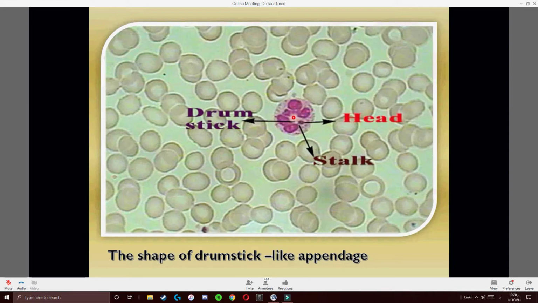The drumstick structure is composed of a head and a stalk that attaches to the nucleus. The nucleus of the neutrophil is multi-lobed, and may be composed of 2 lobes, 3, or even up to 5 lobes.